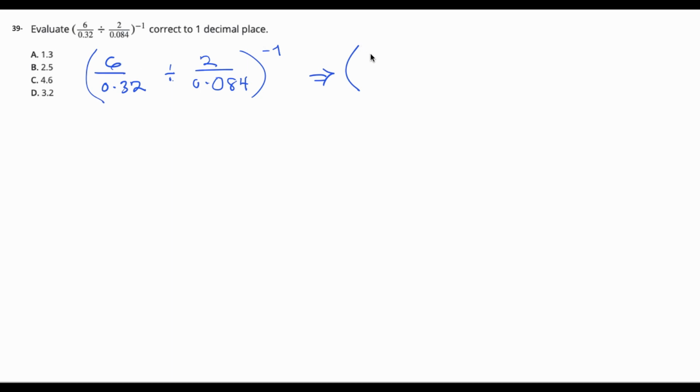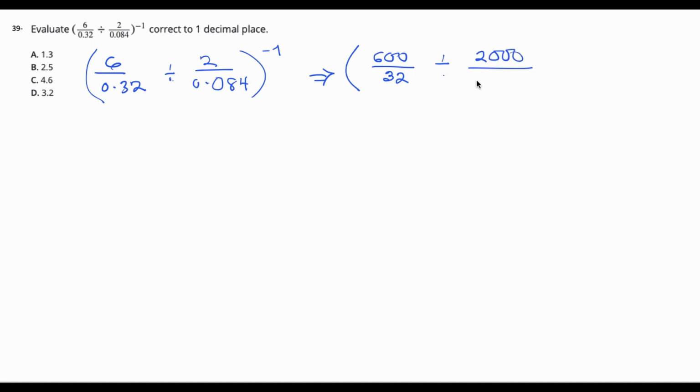So 6 times 100 is equal to 600. And 0.32 multiplied by 100 is equal to 32. To get rid of the decimal places in the denominator, we have to multiply the denominator by 1000. And we also have to multiply the numerator by the same. So 2 times 1000 is equal to 2000.